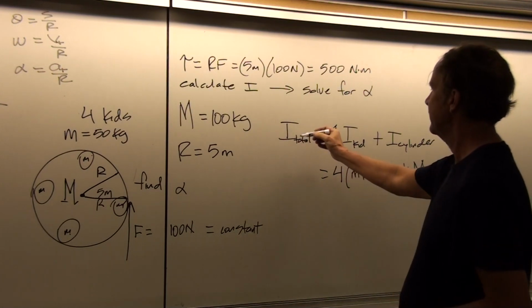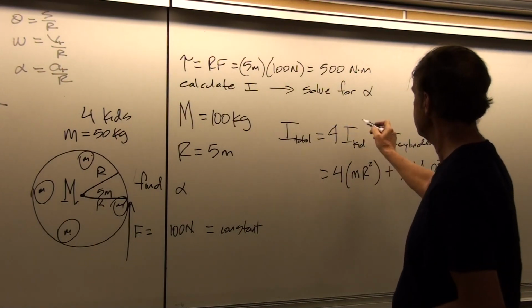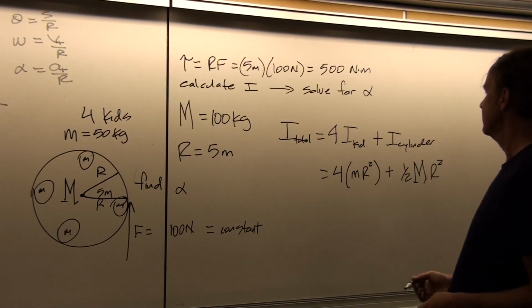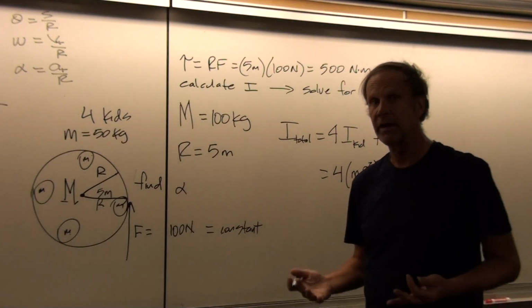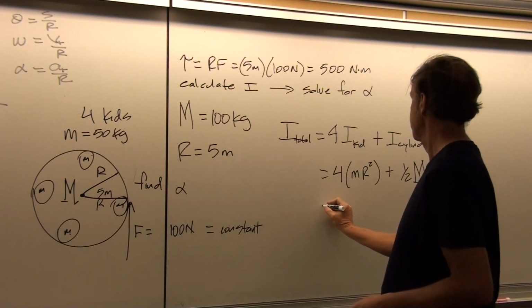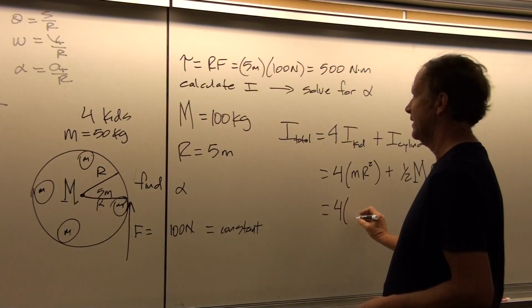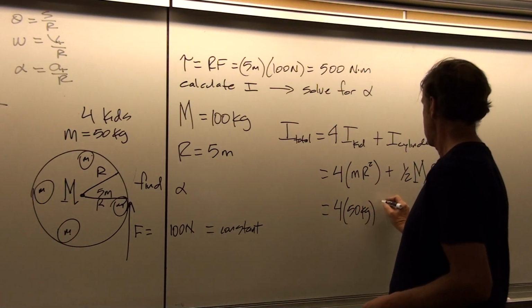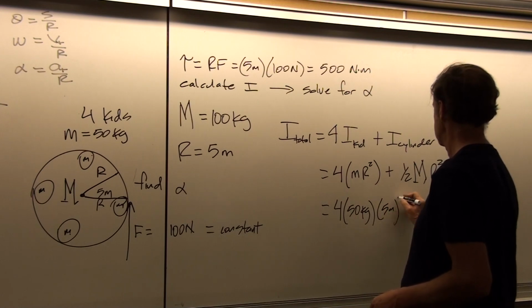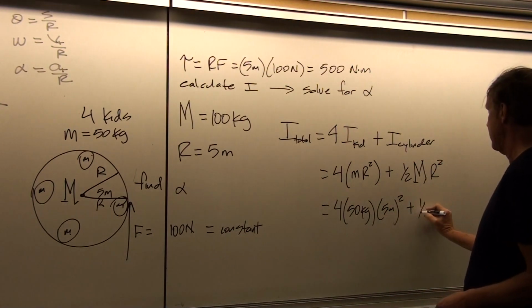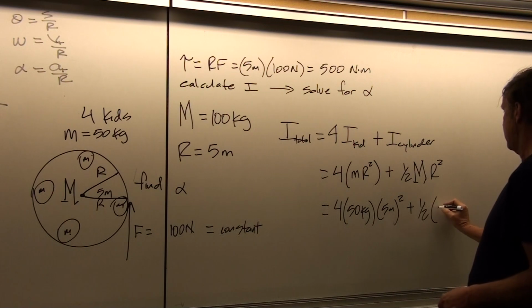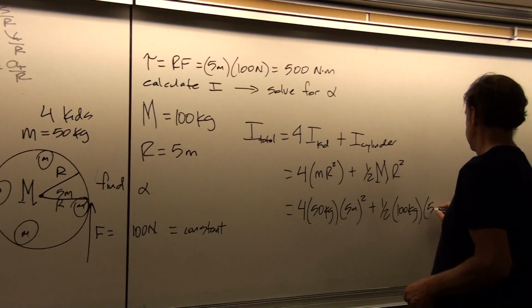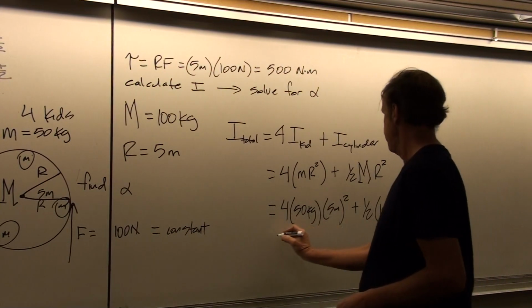We're just trying to find the moment of inertia of 4 point masses plus the moment of inertia of the cylinder. And this is a scalar quantity, so these things are added together. So this would be 4 times m, that's 50 kilograms, times r squared, that's 5 meters squared, plus 1/2 times M, which is 100 kilograms, times 5 meters squared.